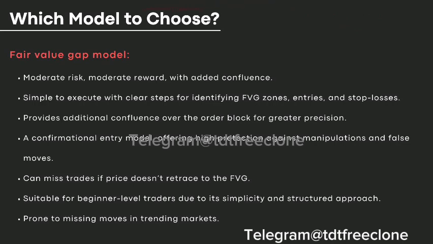Also, with this model, you can miss trades too, if price doesn't retrace back to the FVG that you've marked out. Basically it has the same details as the order block model, but with a small added confluence, which is the FVG itself. Right? You're not only waiting for an order block, but also for an FVG to be formed before you strike and take an entry.